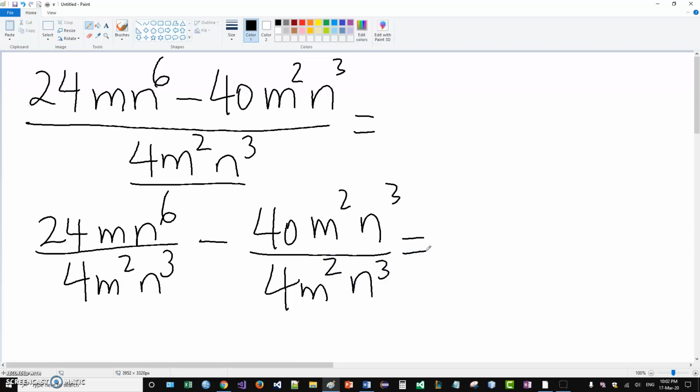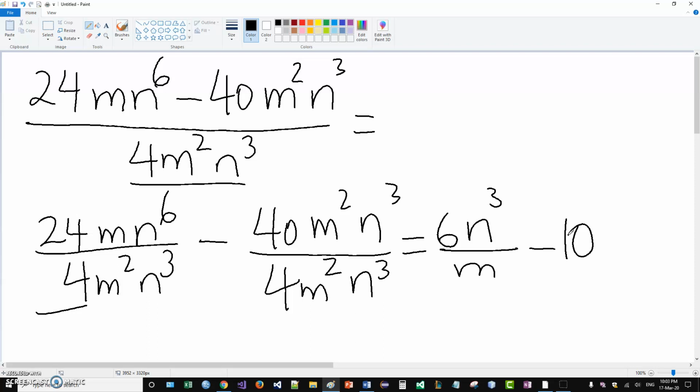Now let's simplify each term. 24 divided by 4 is 6. m over m squared is 1 over m. And n to the power 6 over n cubed is n cubed, since 6 minus 3 is 3. Minus 40 divided by 4 is 10.